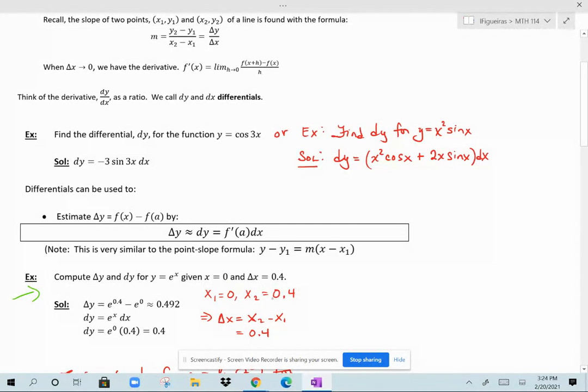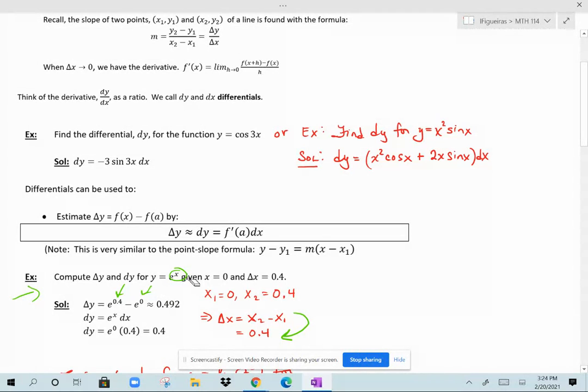If delta x is 0.4, then your first coordinate is 0, which was given, and the second x value must be 0.4 because the difference in them, x sub 2 minus x sub 1, must equal 0.4. So I have to plug in 0.4 for x, minus 0 for x.